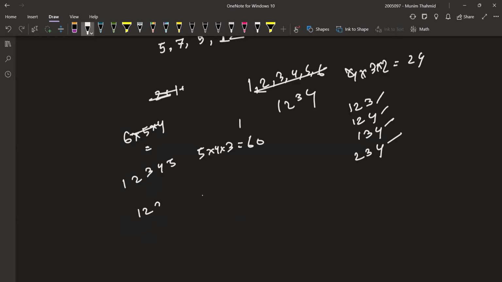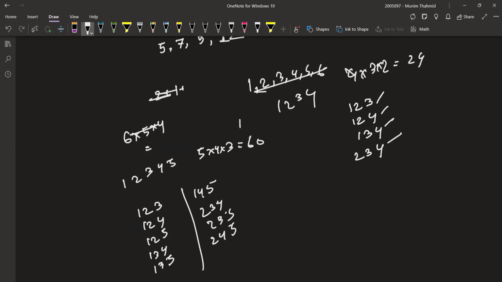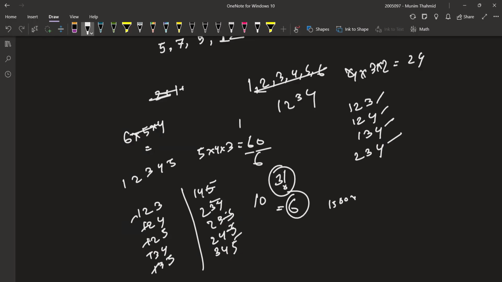It's just dividing by the factor of 3. Okay, so 1500 into 1500 into 1500 divided by 6.